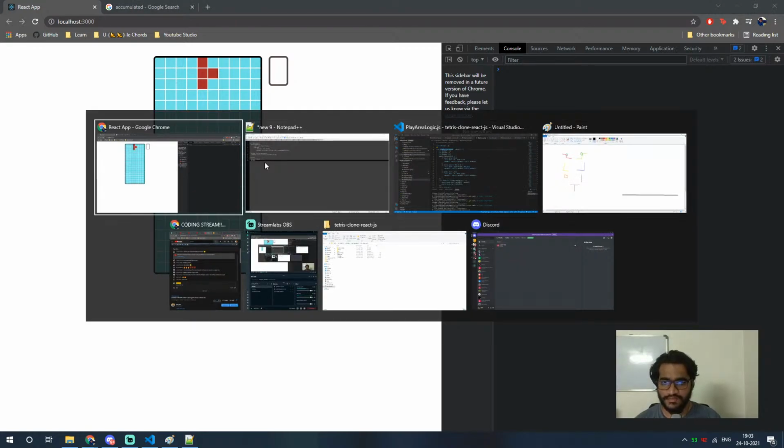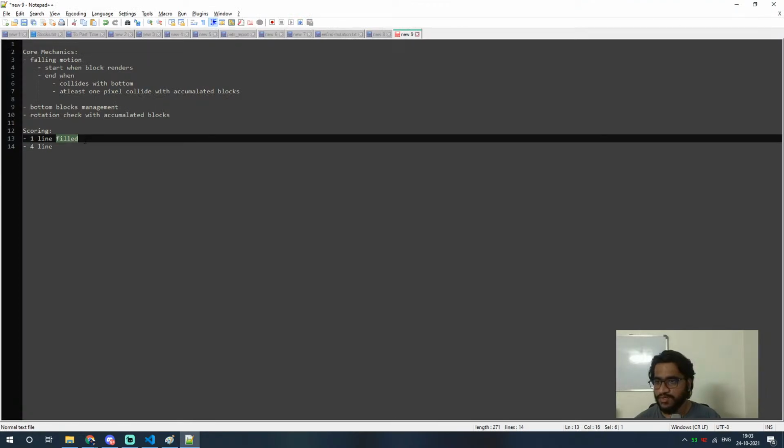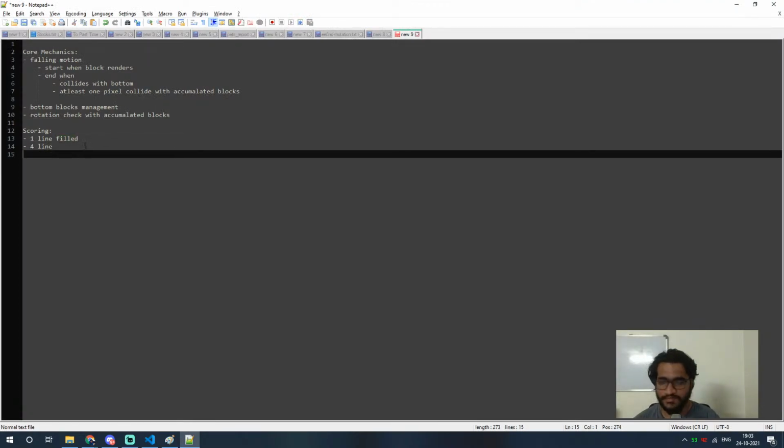So these multipliers, and according to them the scoring would change. We will be looking into that.